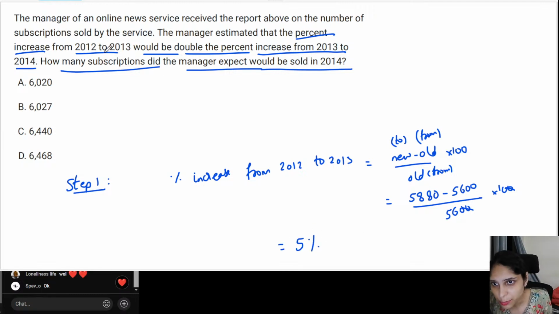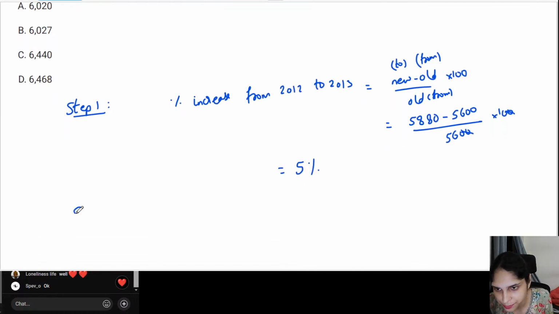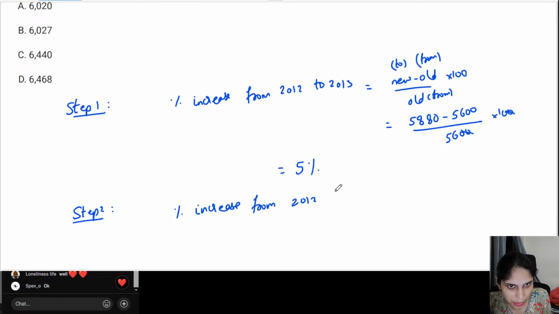Now, percent increase from 2012 to 2013 would be double the percent increase from 2013 to 2014. That means it is going to be half of it. From 2012 to 2013 is double the percent increase.